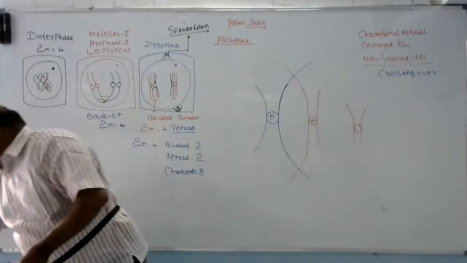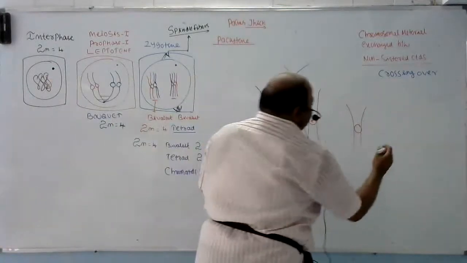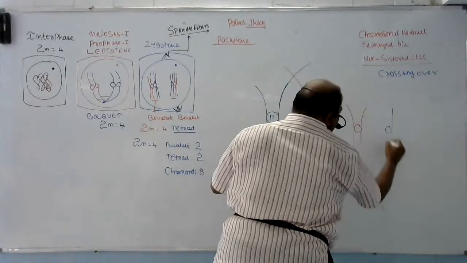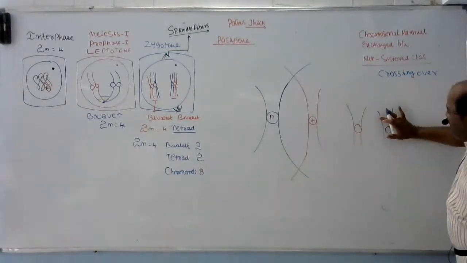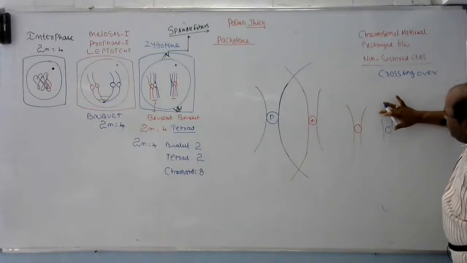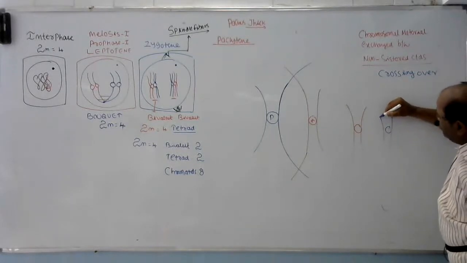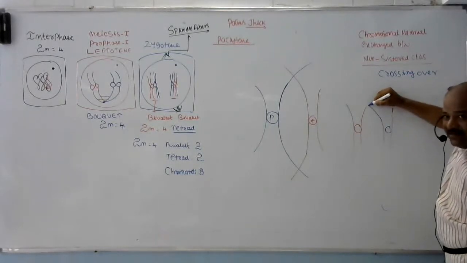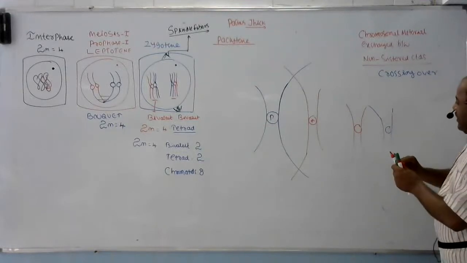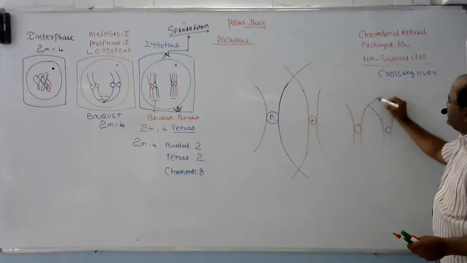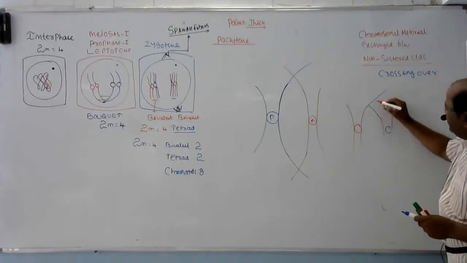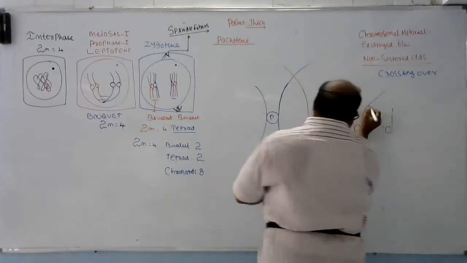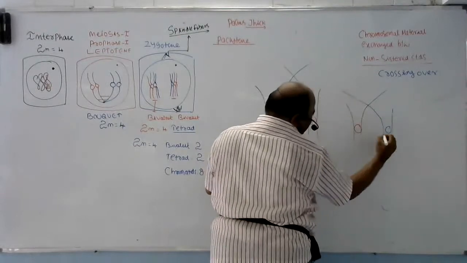Paternal. This is, for example, maternal. A portion of the maternal chromosome is cut. Now it is pasted onto the paternal. A portion of that one will be cut and it has that opposite one.